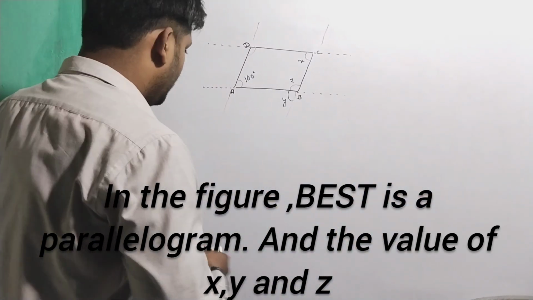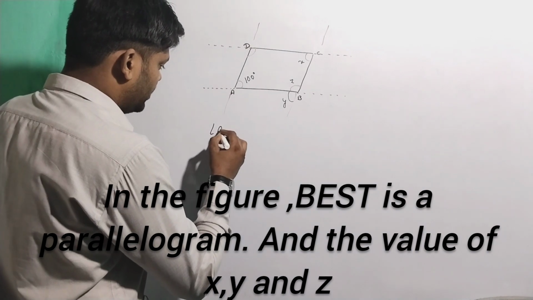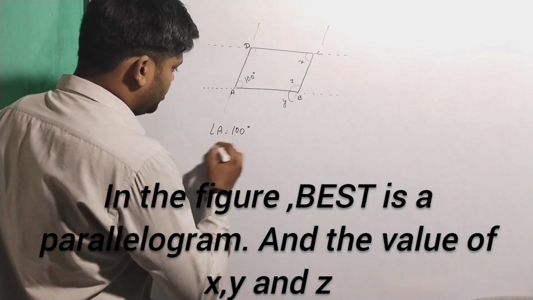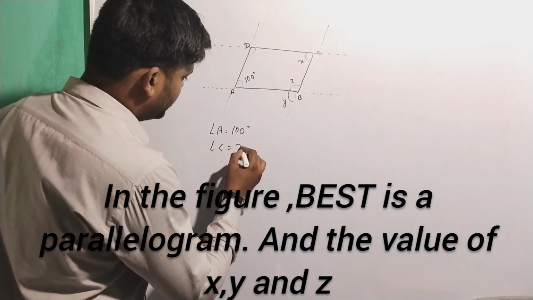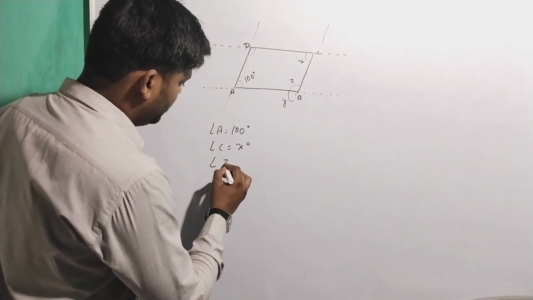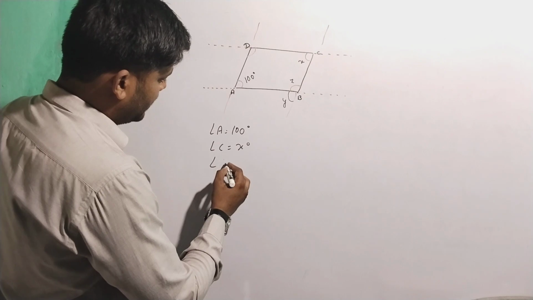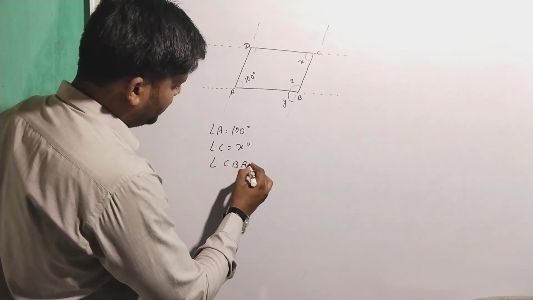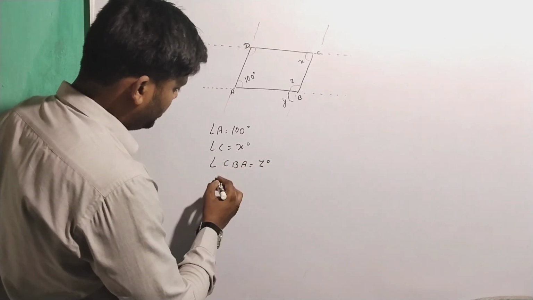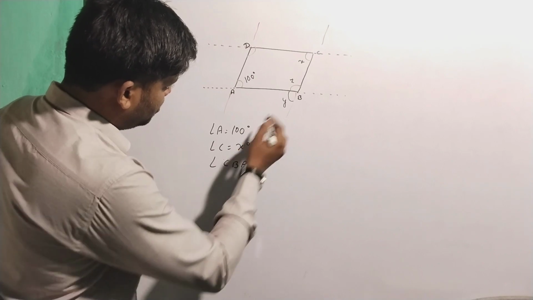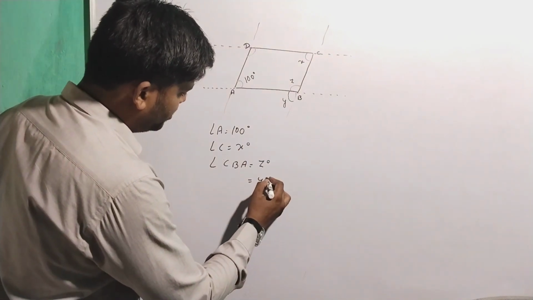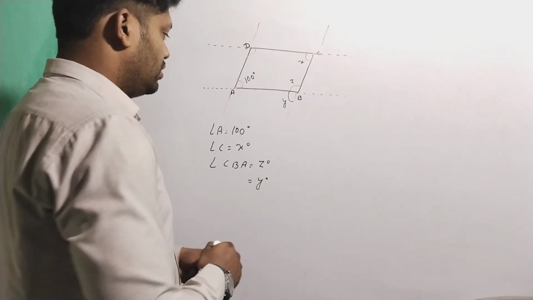Angle A they gave you as 100 degrees. So angle A is equal to 100 degrees, where angle C is equal to x degrees. Angle B has two values, so instead of writing angle B, I will write angle CBA equal to z degrees and this y degrees. One more y degrees, don't need to write that much. So we have to find out the values by using the properties.